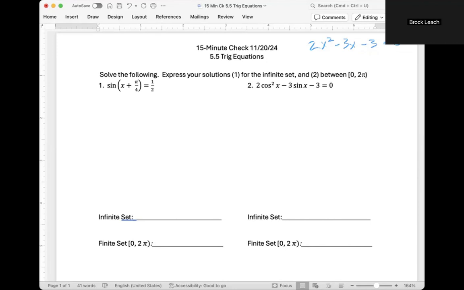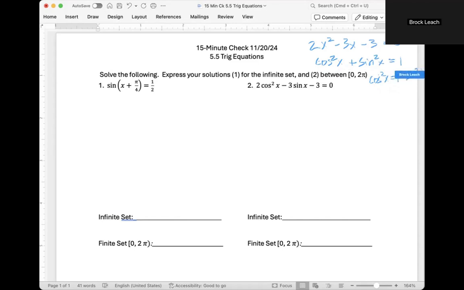But because we have a cosine squared, we can relate that to sine because cosine squared plus sine squared is equal to 1. So if I want to replace the cosine squared, I can subtract sine squared to the other side. So we have cosine squared x is equal to 1 minus sine squared x, right?